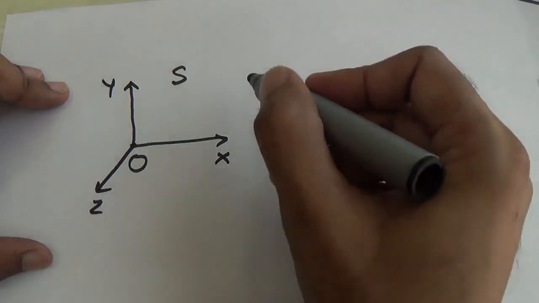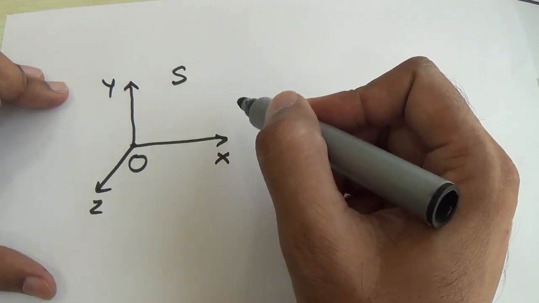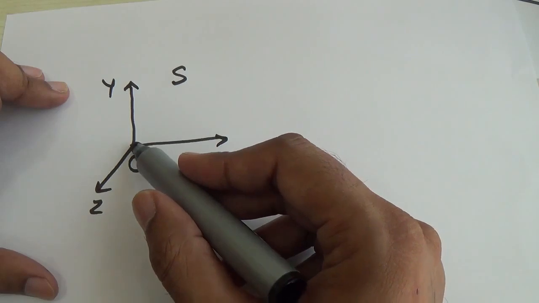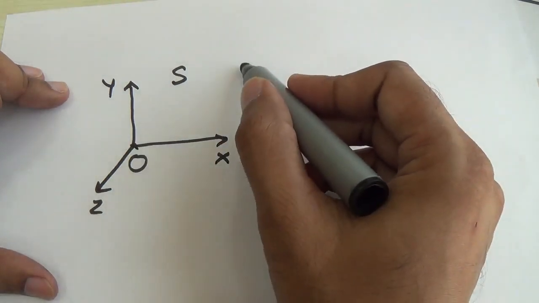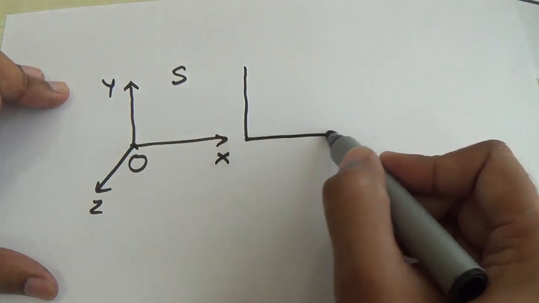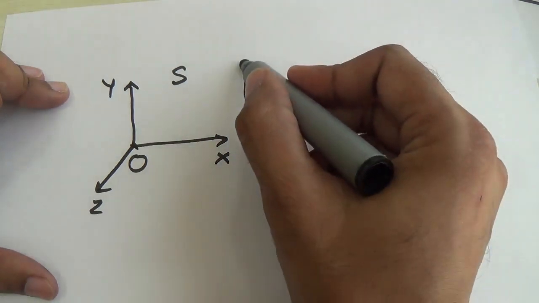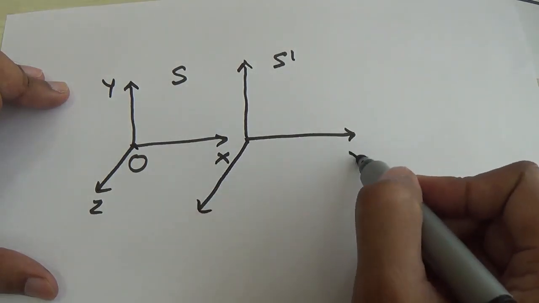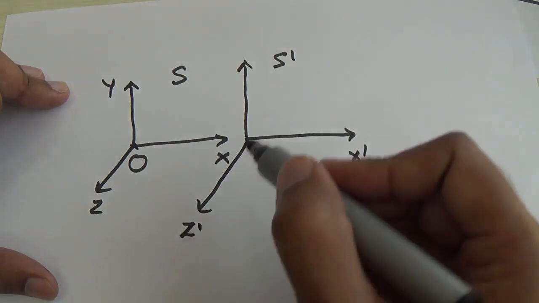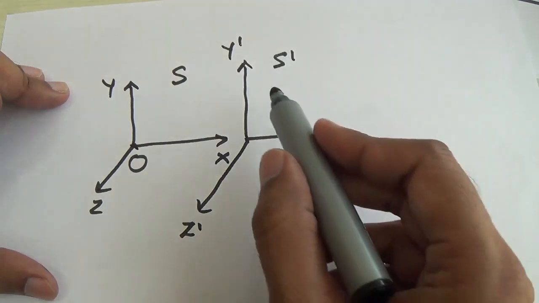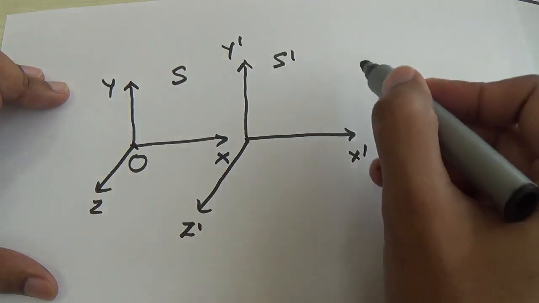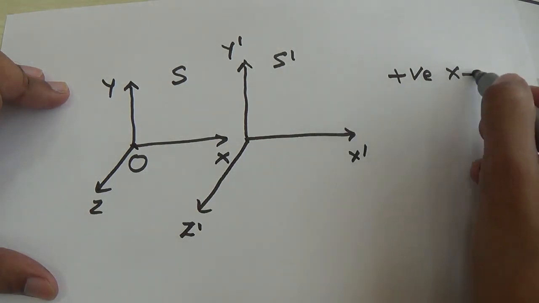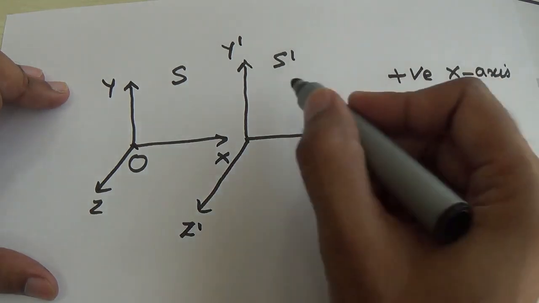So this is our frame of reference in which the observer O is at the center, and this is denoted by S. Another frame, that is a moving frame denoted by S prime, has the coordinates x prime, y prime, and z prime. This S prime frame is moving along the positive x axis with the relative speed v.